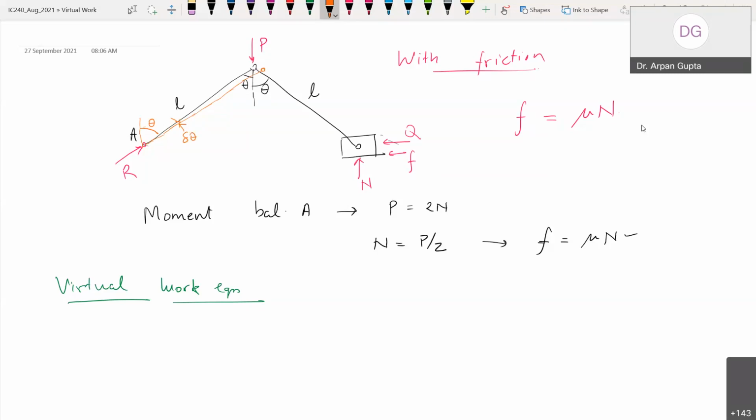Okay. Now if this moves by delta theta somewhere here, this will move somewhere here.